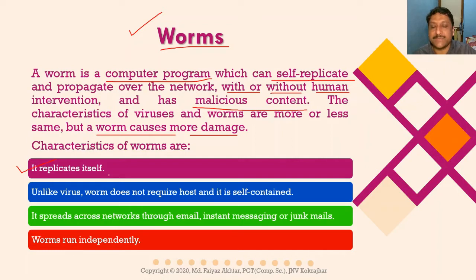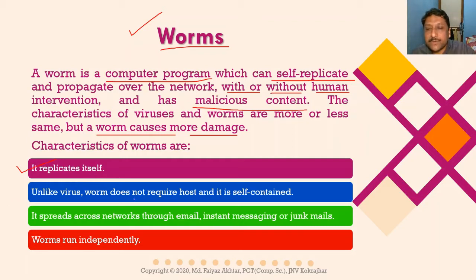It replicates means it copies itself. Wherever it gets, it copies itself. From one worm it becomes 2 worms, and again 2 to 4, 4 to 8, 8 to 16. It gets replicated, self copies, and it will capture the whole space of your computer.